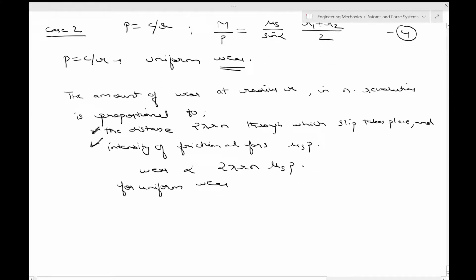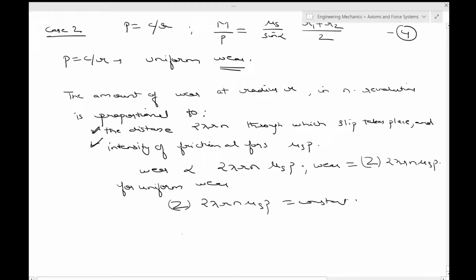For uniform wear, you can say the wear will be equal to z, some constant, 2 pi r n mu s p. Now for uniform wear, this z into 2 pi r n mu s p is constant.